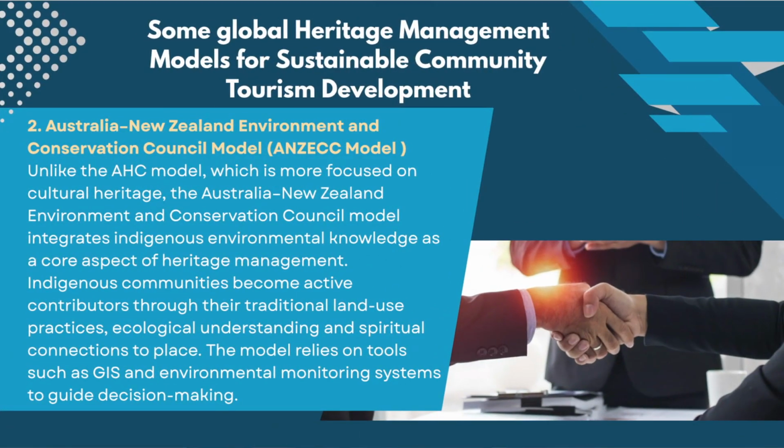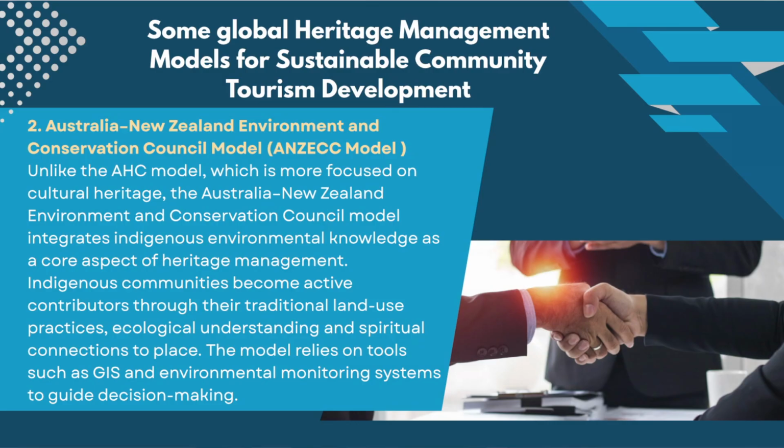Unlike the AHC model, which is more focused on cultural heritage, the Australia-New Zealand Environment and Conservation Council model integrates indigenous environmental knowledge as a core aspect of heritage management. Indigenous communities become active contributors through their traditional land use practices, ecological understanding, and spiritual connections to place.